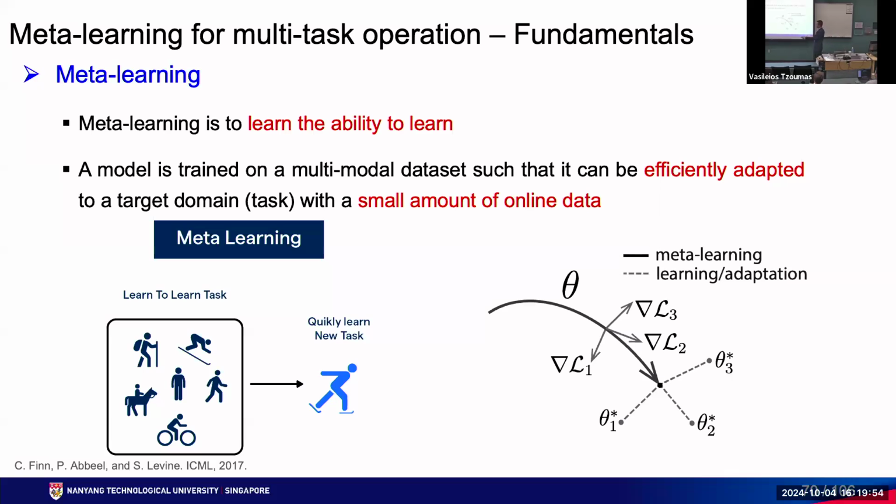And we leverage the idea of meta-learning. Meta-learning is about training a model to get the ability to learn and adapt to new environments, right? For example, one person knows how to hike, how to ski, how to cycle, how to jog and walk. And one day, because I'm quite good at these sports, I can learn how to skate very quickly.